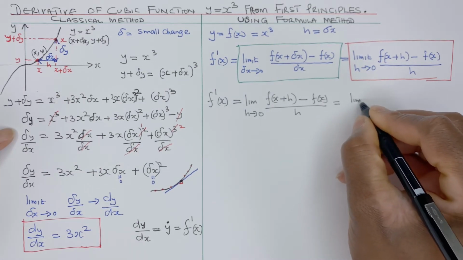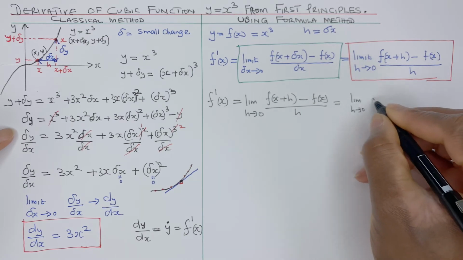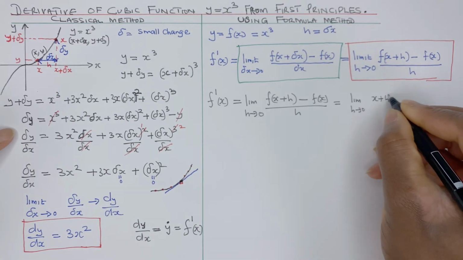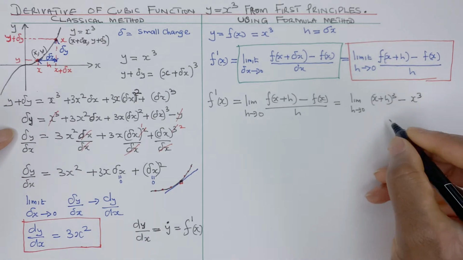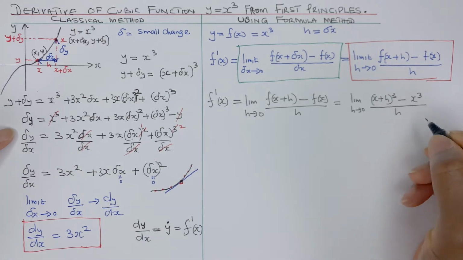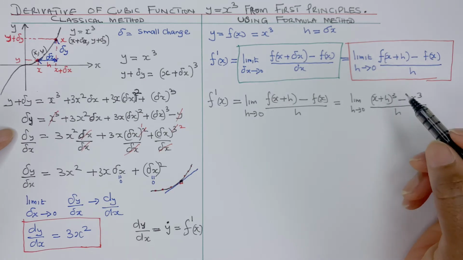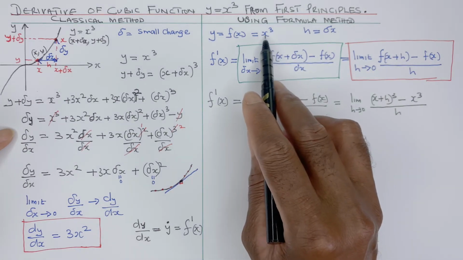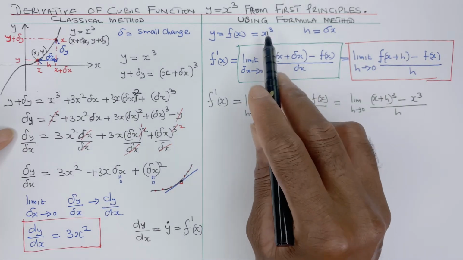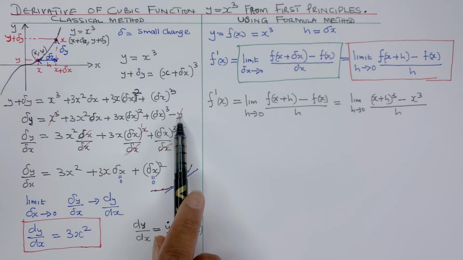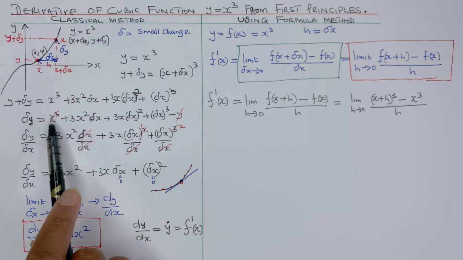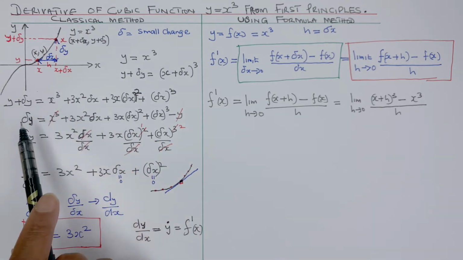Limit h tends to 0, x plus h cubed minus x cubed over h. That's the same thing. So we just replace that with x plus h now, minus x cubed. The same thing we've done here. So we've taken away x cubed from the x plus h cubed.